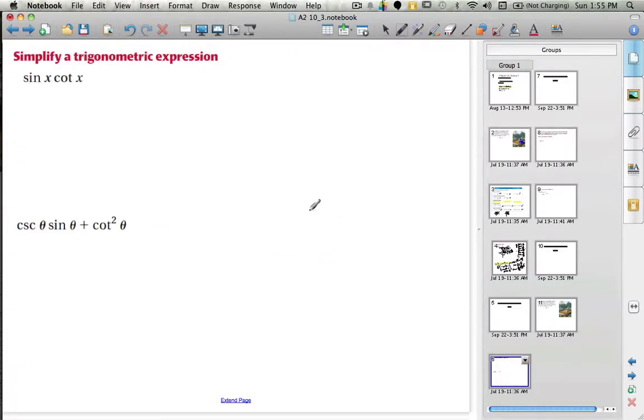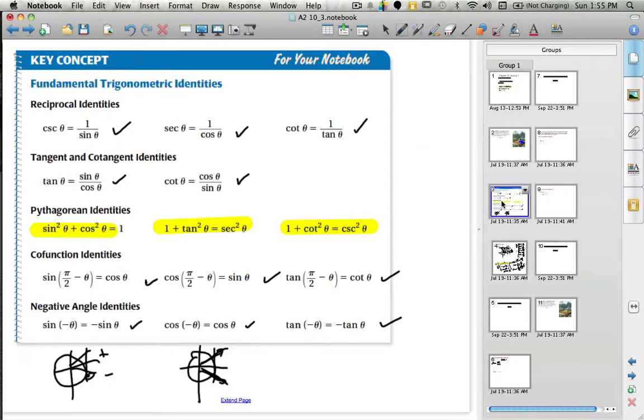Okay, now in this section we want to work with simplifying. So I know that sine of x pretty much is just that, but cotangent can be expressed as cosine and sine. So cotangent, I know, is equal to the cosine of x over the sine of x, which we got from right here.